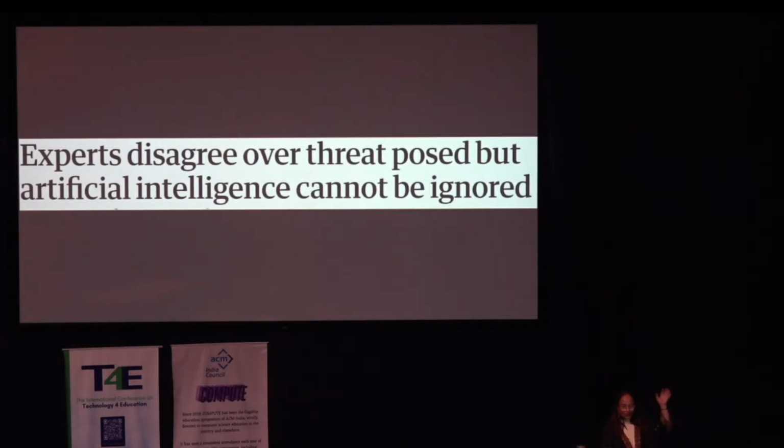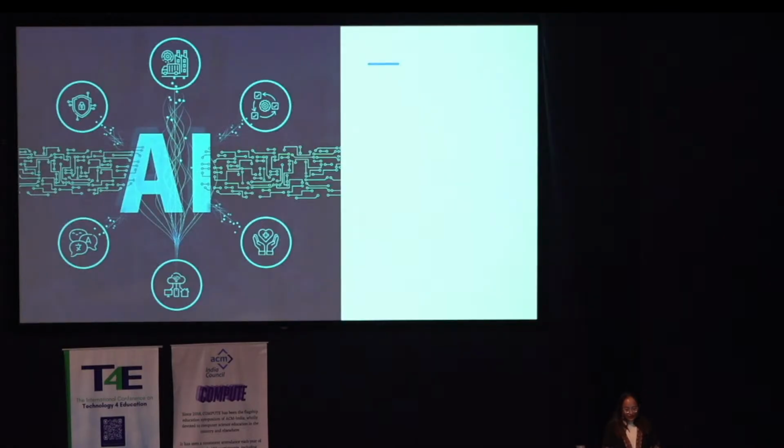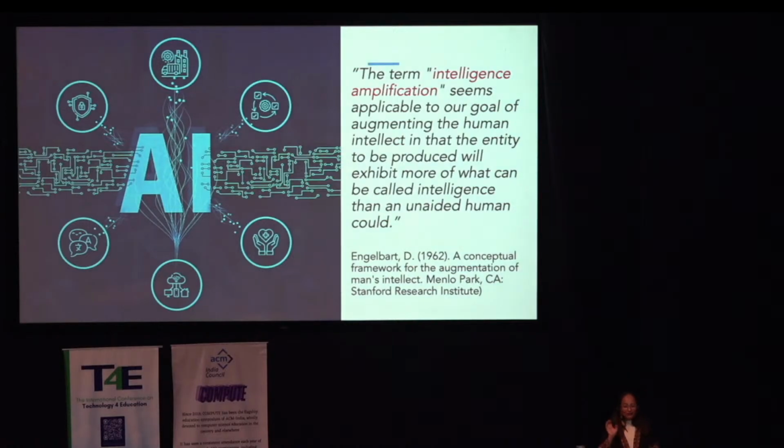So even as this ongoing debate about whether AI is good or bad rages on, the truth is that AI cannot be ignored. And the reality is that these very powerful tools that are capable of amplifying human intelligence, as visionaries had imagined about 60 to 70 years ago, are here, and here to stay, I think.